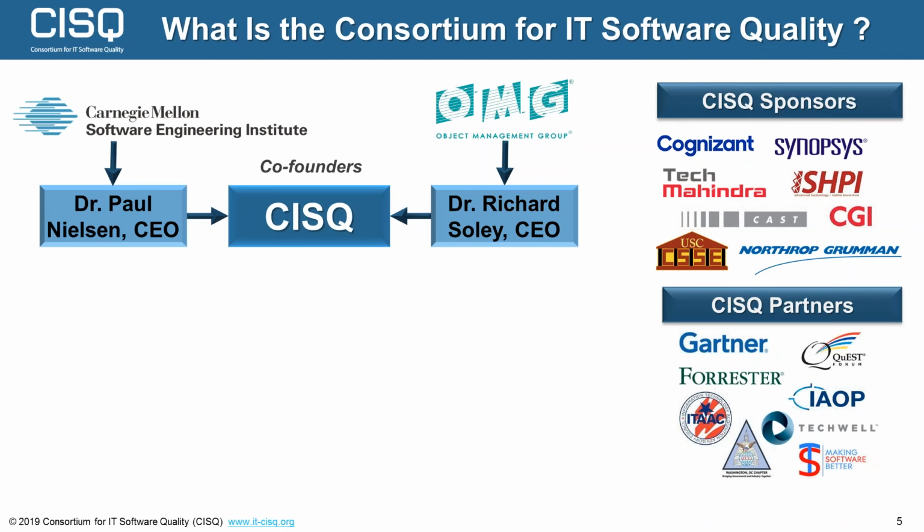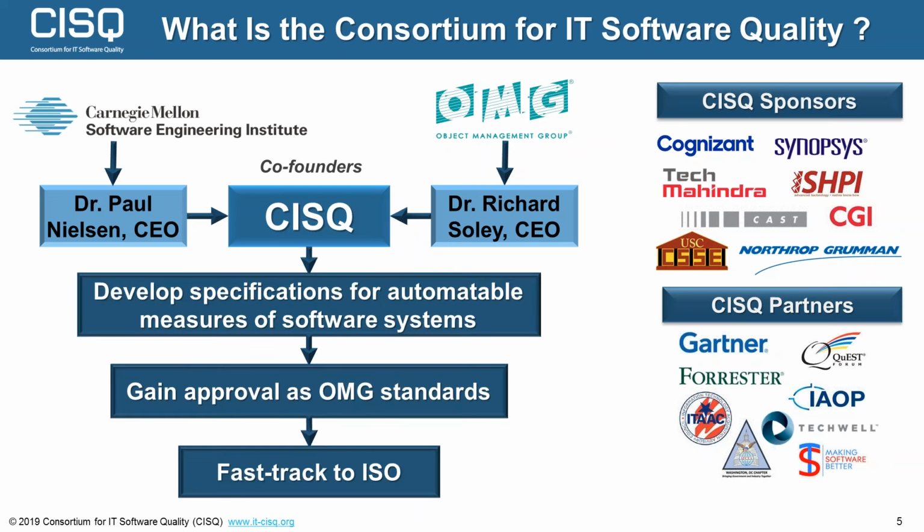So Paul Nielsen at SEI and Richard Soley at OMG got together and said, let's form a consortium. Since I'd worked with both of them, they asked me to become the founding executive director, and we created CISQ. The objective was to create automatable measures for software systems, for both size and structural quality, things like reliability, security, and performance efficiency.